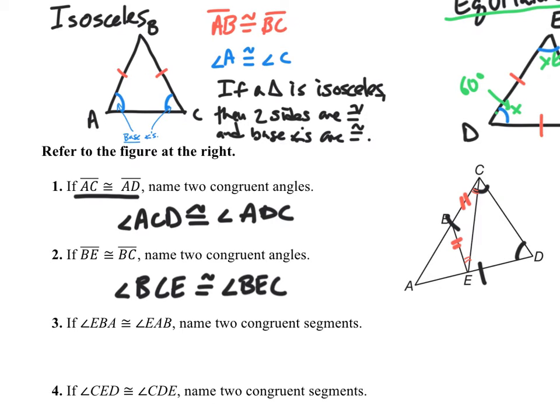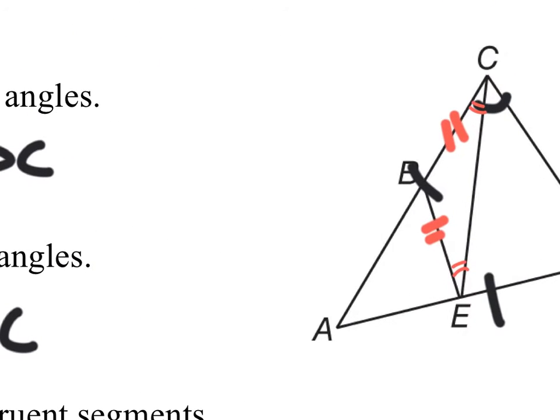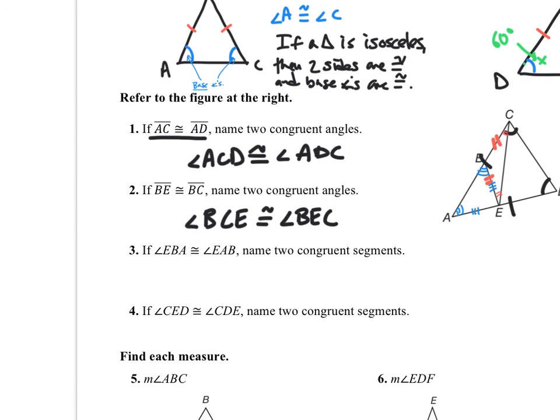I'm going to zoom in here and call this three little arc marks. Then I would know that these two segments are my congruent segments. So I know that AE is congruent to BE.